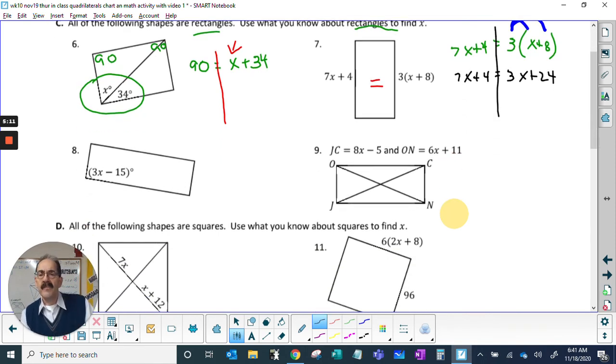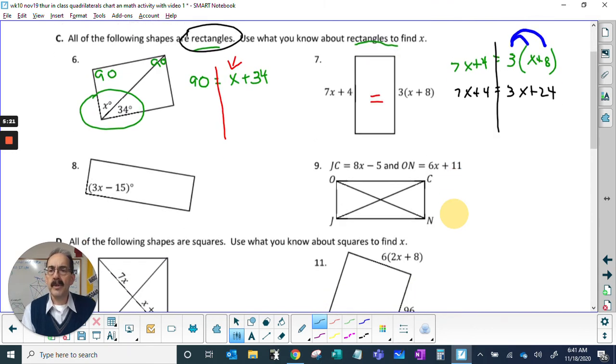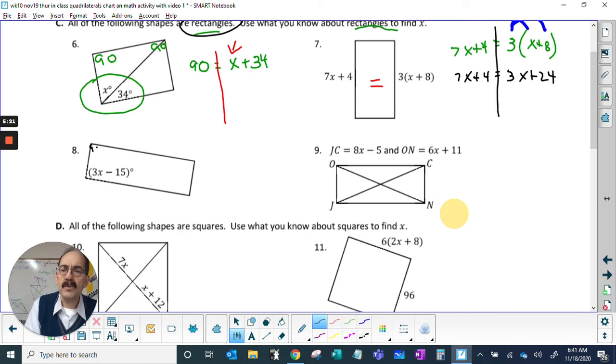Now, if this is 3x minus 15 and it is a rectangle, well, then we know that all the corners are 90. So set it up. 90 is equal to 3x minus 15. Draw your fence, solve for x. Okay, let's change colors here.